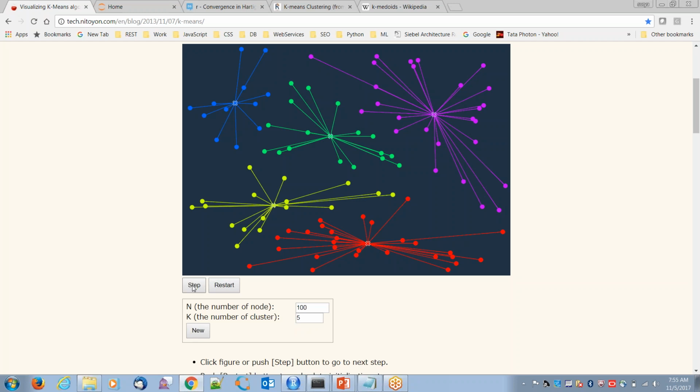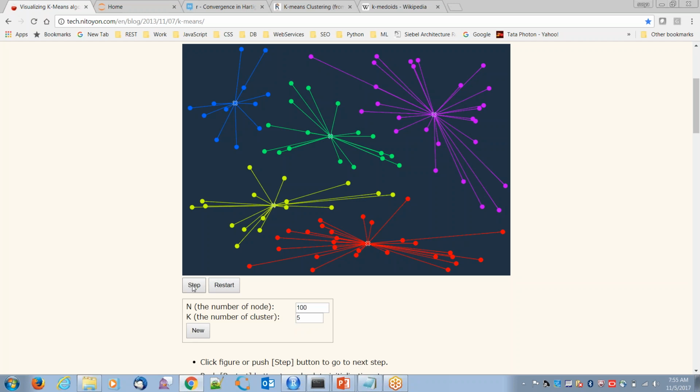Now the cluster centers are different. So that means if we redo that step where we calculated the distance between all the data points and the cluster centers, with the new cluster centers, then some data points will move from one cluster to another, because initially we had done it with a different set of cluster centers. Now our cluster center has changed.